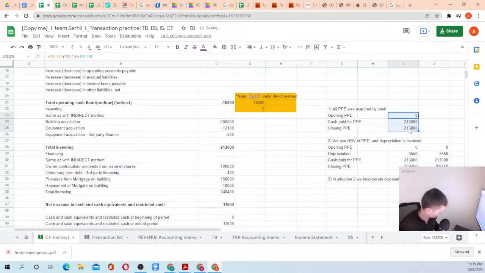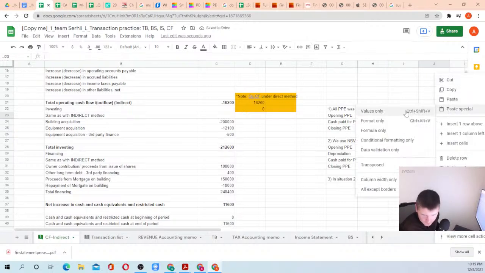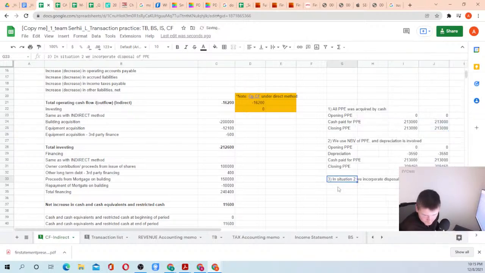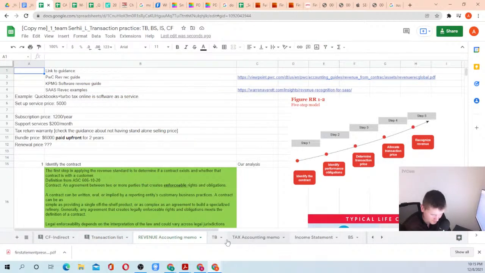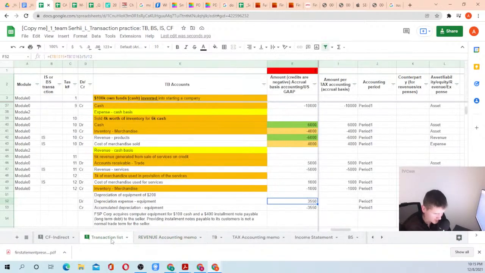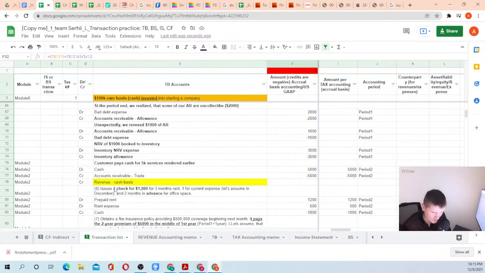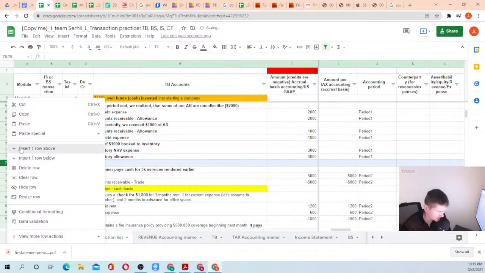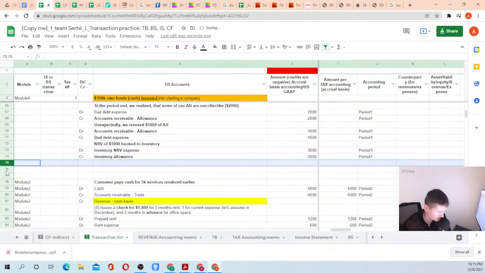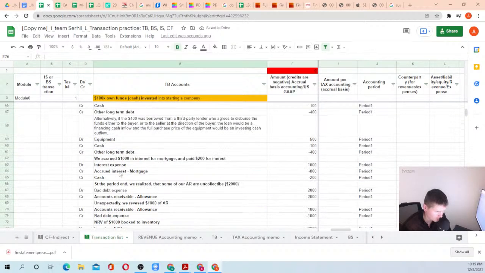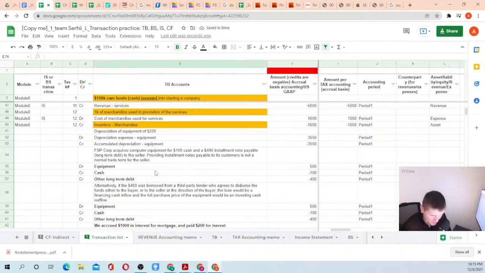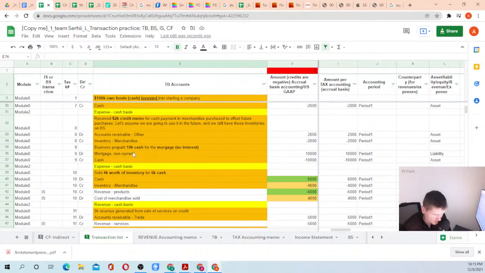Values only. Okay, let's go and dispose of some PP&E item. Transactions list, period 1. Okay, what equipment did we have here?